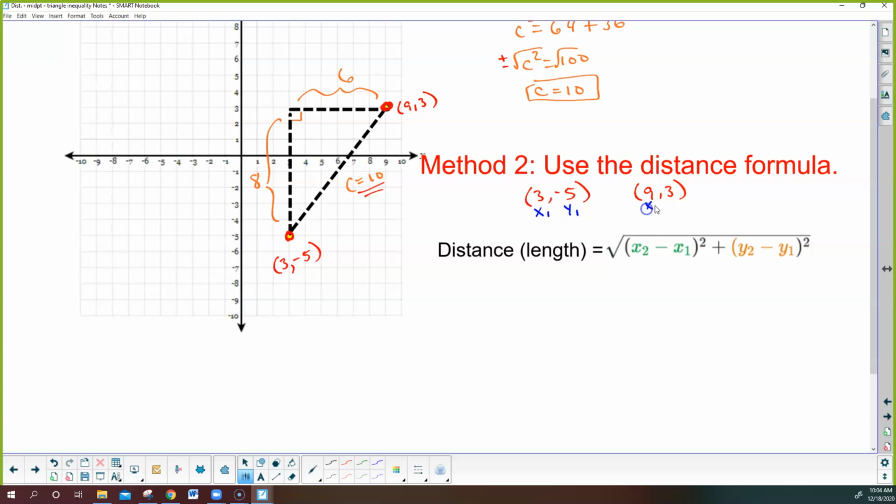And the second point is x2, y2. Now the nice thing is it doesn't matter which group I call the ones and which group I call the twos, as long as it's x2, y2, and x1, y1. So it doesn't really matter. And same thing here. You can flip these around. You're going to get the same answer as long as whatever you call the ones are in the same order, and same with the twos.